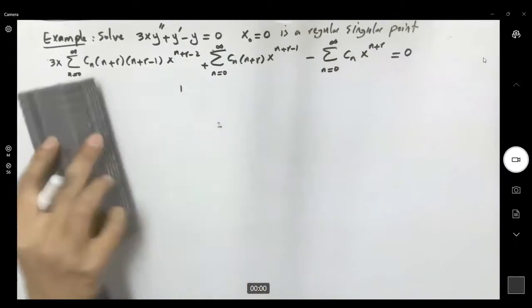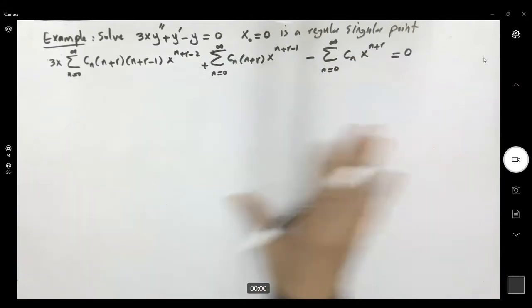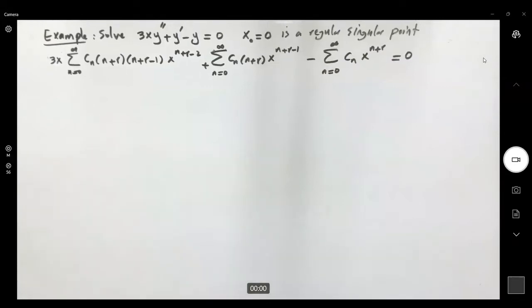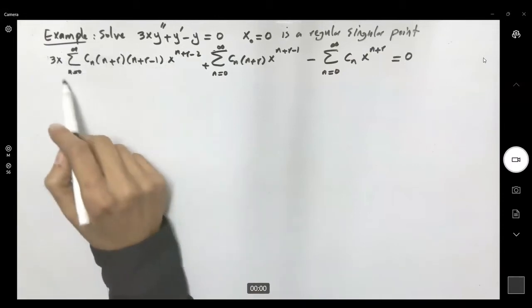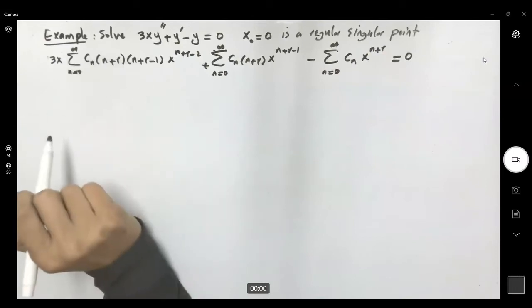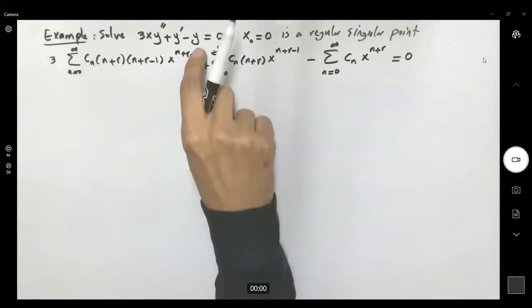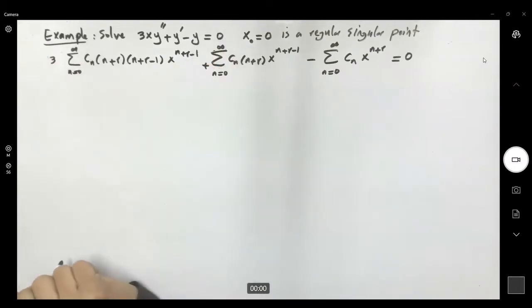Perfect. Now our goal, our job is to try to combine these series and find a recursive relation for our coefficients. Before doing that, let us distribute x here into the first series. This guy becomes x to n plus r minus 1. Very well.